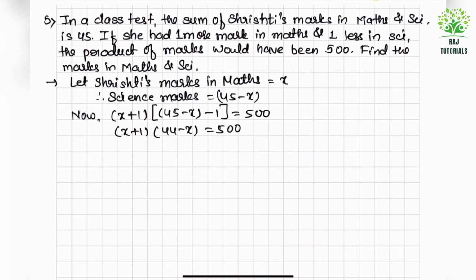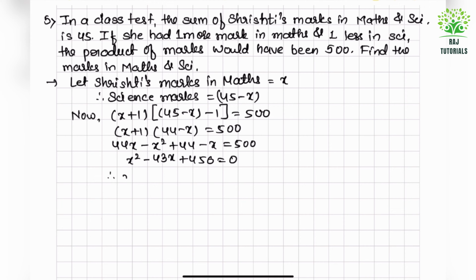So this becomes 44x − x² + 44 − x = 500. So x² − 43x + 456 = 0.